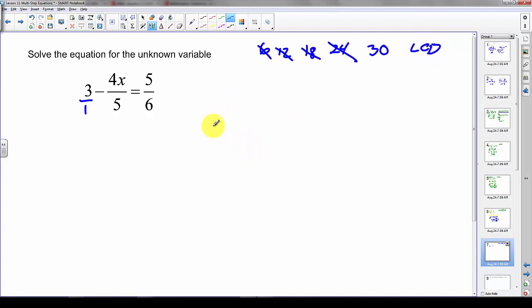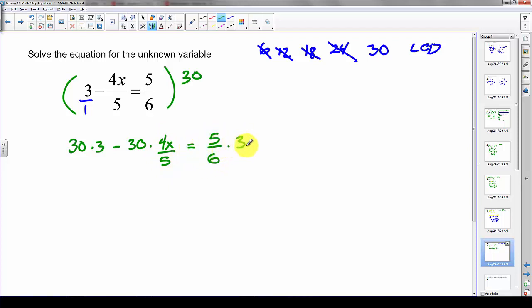I'll multiply each term by that LCD. So once again, I'll show it a little bit different way this time. I'll take and multiply everything by 30. So what I have, 30 times 3 minus 30 times 4x over 5 equals 5 over 6 times 30.